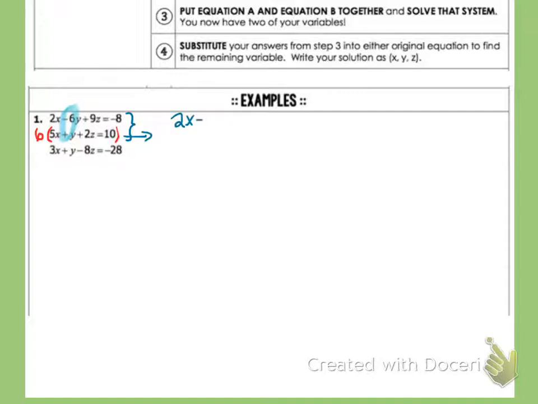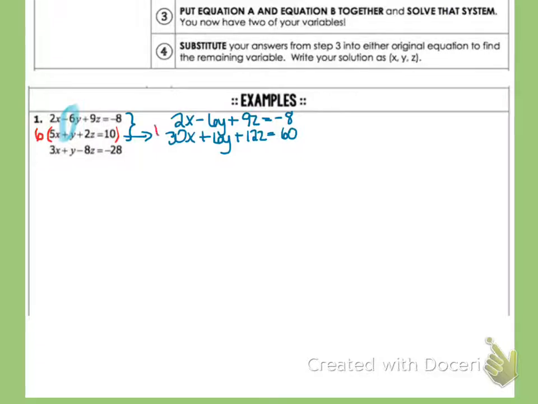original equation, 2x minus 6y plus 9z equals -8, and my new one that I created by multiplying by 6, which gives me 30x plus 6y plus 12z equals 60.